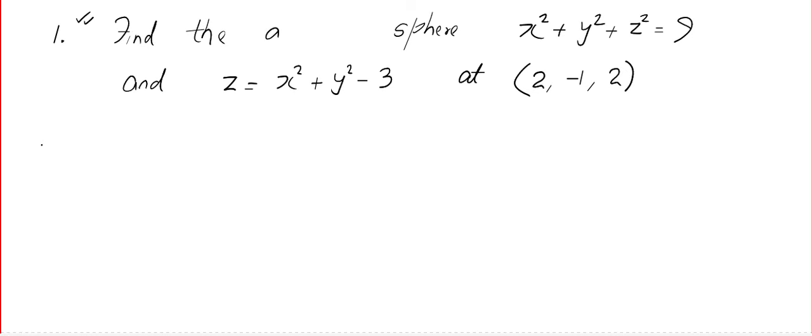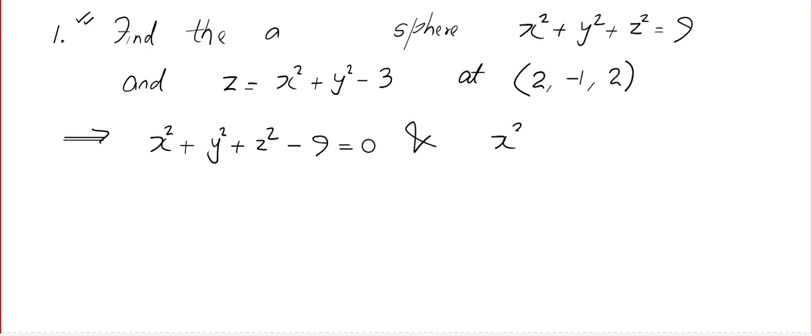The first thing to do is rewrite the surfaces. The given surfaces are, the first one is a sphere, but you have to put it in the form phi equal to 0, so x square plus y square plus z square minus 9 is equal to 0. And the second one is x square plus y square minus z minus 3 is equal to 0.